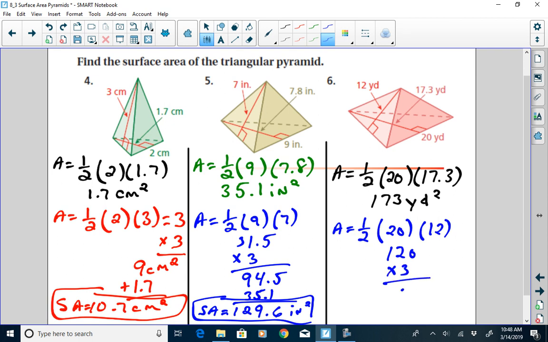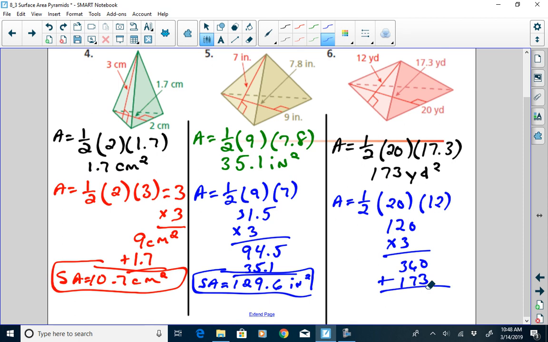That's going to give me 360, plus we have to add the 173, and when we do that we wind up with, let's see, 3 plus 6 and 7 is 13. 3 carry the 1. That's 533. And those are square yards for the surface area.